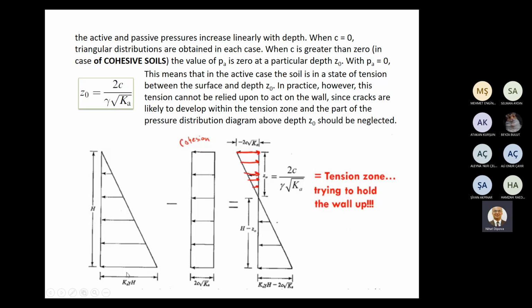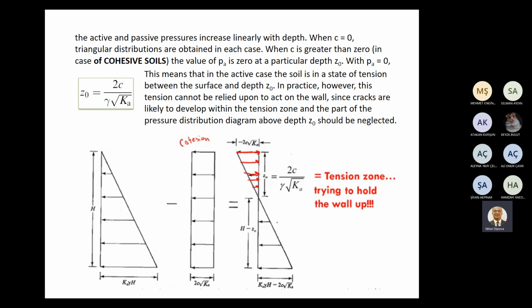And this triangular distribution will change to this distribution, because cohesion tries to hold this soil in its place due to cohesive strength, with P equals 0.